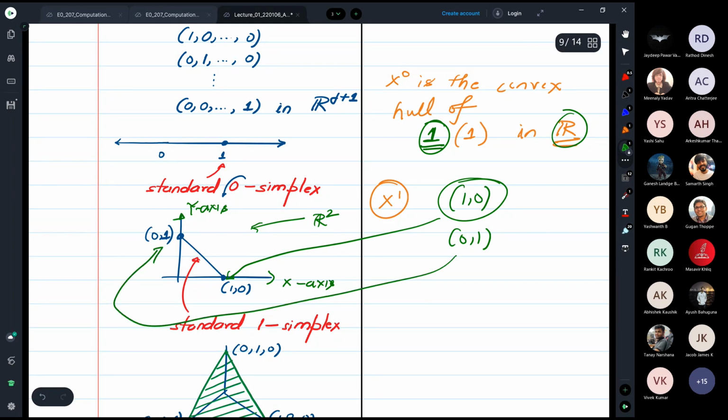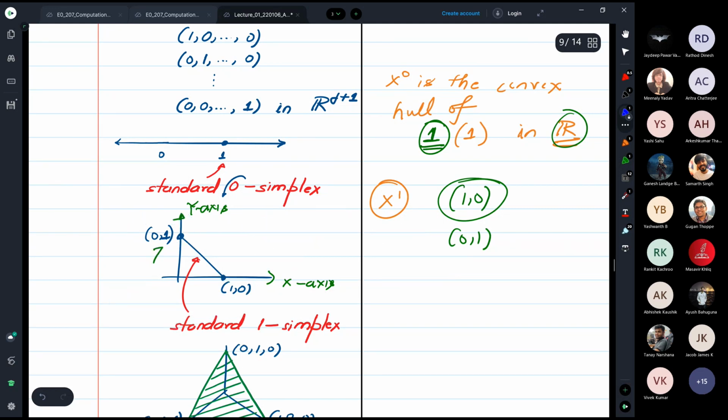So you see this, I have given you these 2 points over here, right? And the question now is to take their convex hull. So you have been given this point and this point, and I hope you agree that this line connecting the two is basically the convex hull between these two vertices. Is this okay? So this line segment over here is what is X1, right?